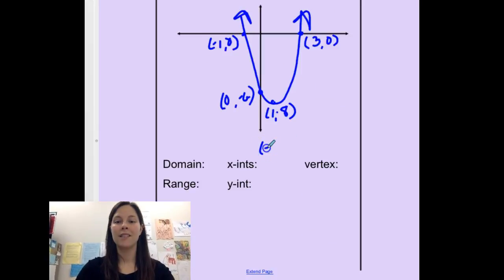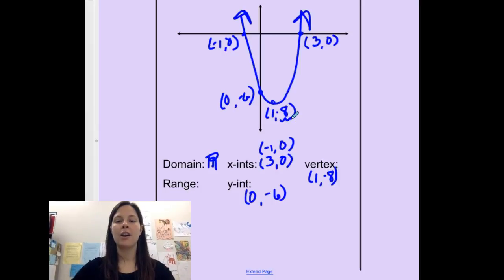Again, those intercepts -1 and +3. The y-intercept was at -6. Our vertex was at 1, -8, that turning point of the function. Domain for all quadratic equations is always all real numbers. You can square everything. The range, looking for the y-coordinate of the vertex.